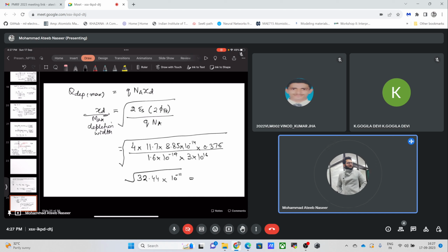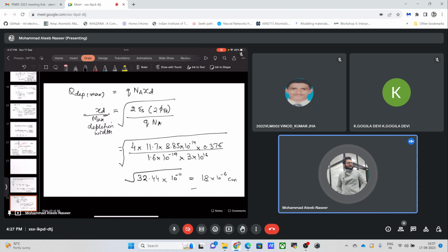So let us take its square root. Root of 324.4 is approximately equal to 18 into 10 raised to the power minus 6 centimeter.